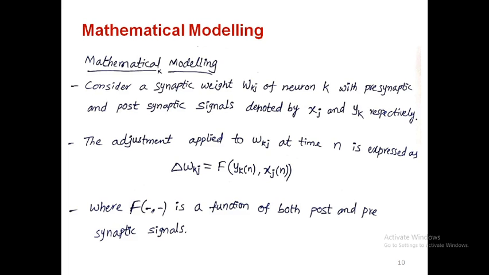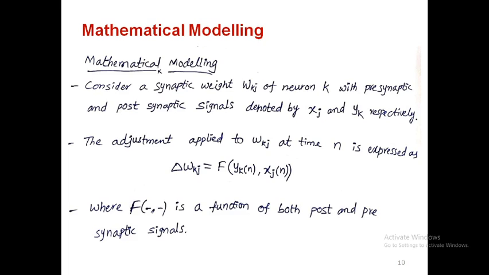With the mathematical modeling, consider a synaptic weight Wkj. Wkj is nothing but the connection link between the jth input and the kth neuron, with presynaptic and postsynaptic signals denoted by Xj and Yk respectively. Xj is the input, Yk is the respective output of the neuron.